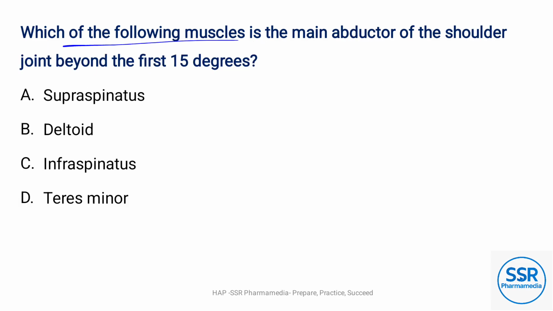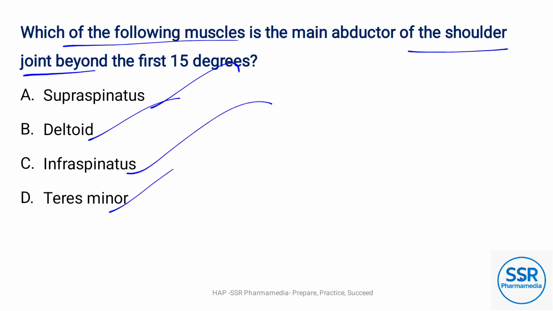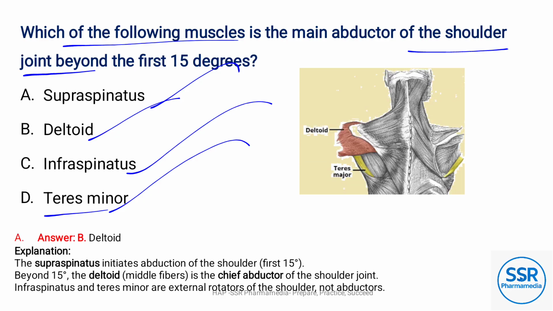Next, which of the following muscles is the main abductor of the shoulder joint beyond the first 15 degrees? Option A, supraspinatus. Option B, deltoid. Option C, infraspinatus. Option D, teres minor. So the answer is option B, deltoid.